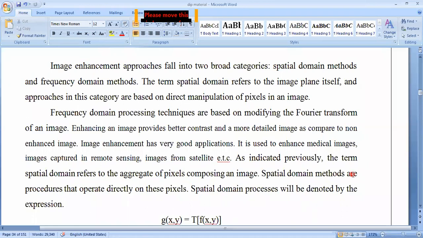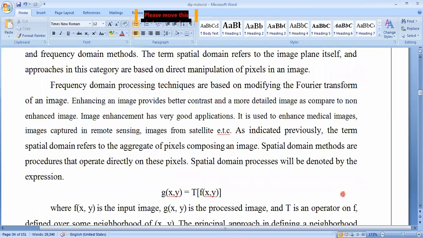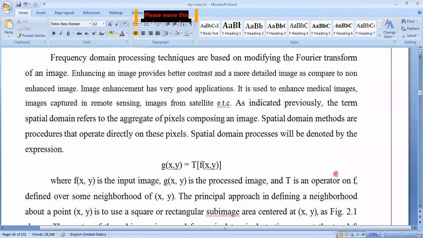It may be a low pass filter, a high pass filter, a Gaussian low pass or high pass, or a Butterworth low pass or high pass, depending on the requirement. We make some modifications, and then the output of that filter is converted again into the spatial domain. That is the process involved in the frequency domain.